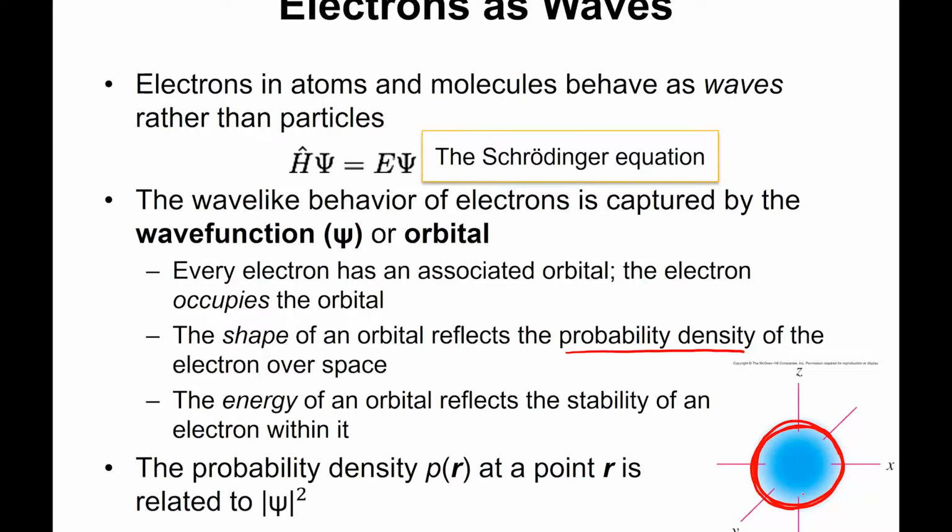The energy of an orbital is a reflection of the stability of the electron in it. What that means is that some electrons are more stable. Usually these are electrons that are closer to the nucleus in tighter, smaller orbitals. That means that they are usually more stable.